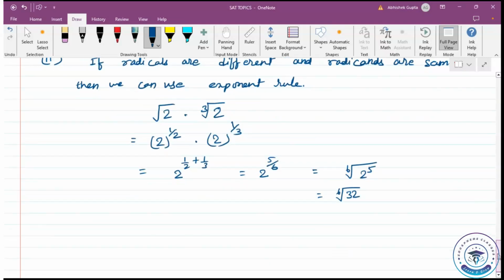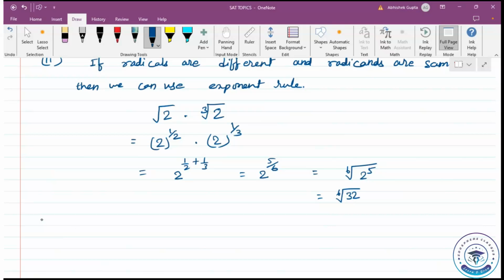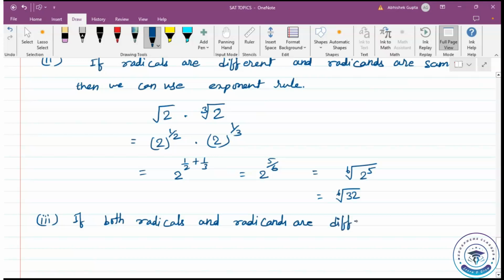And case 3: if both radicals and radicands are different, and they cannot be converted into the same radicands, like cube root of 5 times square root of 2, we cannot do anything here.